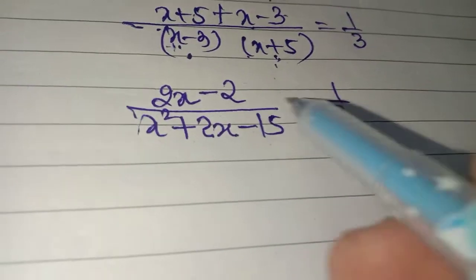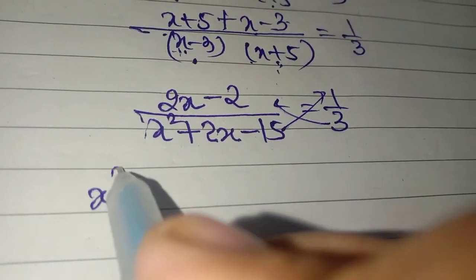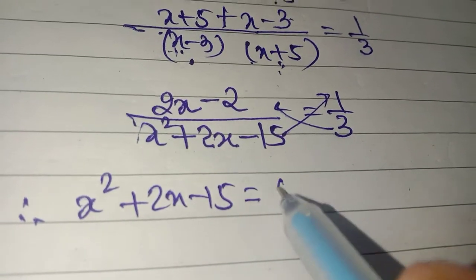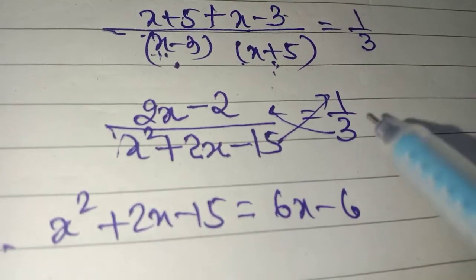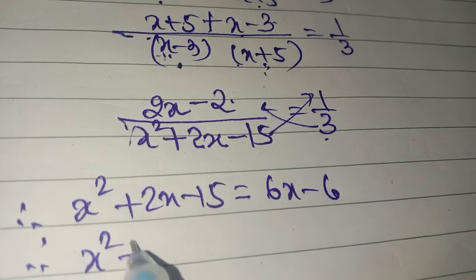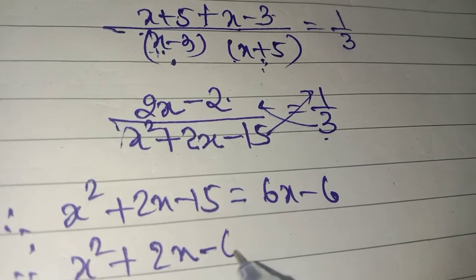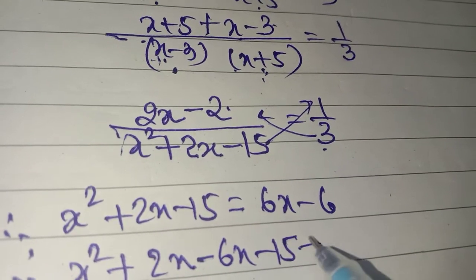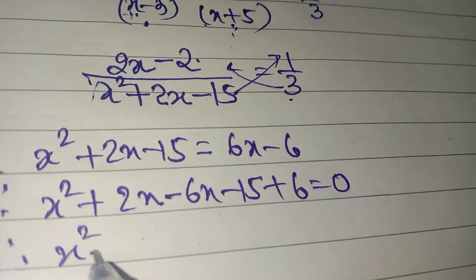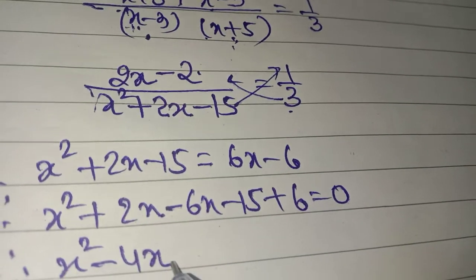Now cross multiplication. So x square plus 2x minus 15 is equal to 3 times 2x plus 2, which is 6x plus 6. Therefore x square plus 2x minus 6x minus 15 minus 6 is equal to 0.